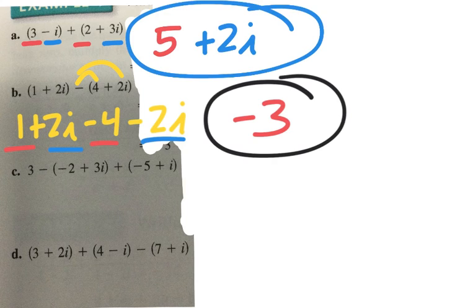So that can happen. Now the next one, we have 3 numbers we're combining. We have a real number 3, then we're subtracting this complex number, and then we are adding this complex number. Okay, so first thing I'm going to look for is, if I'm subtracting, I need to distribute that. So that's going to become plus 2 minus 3i minus 5 plus i.